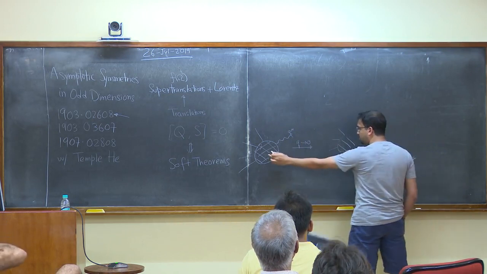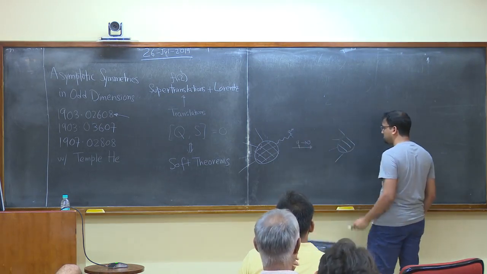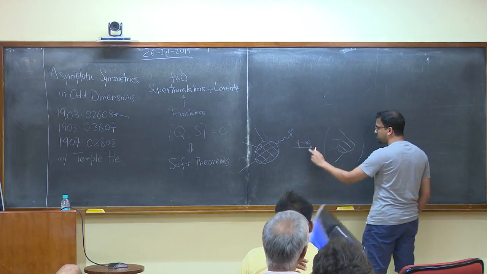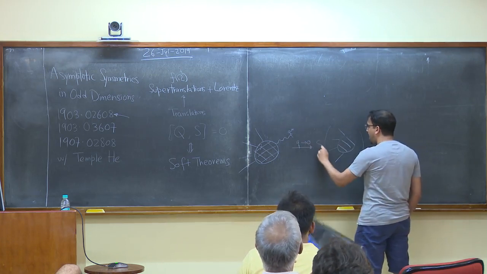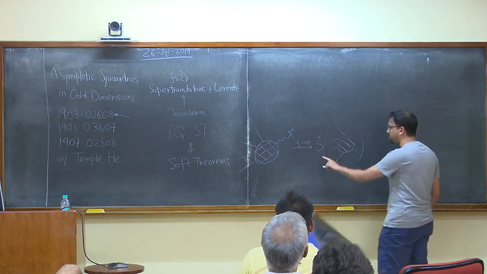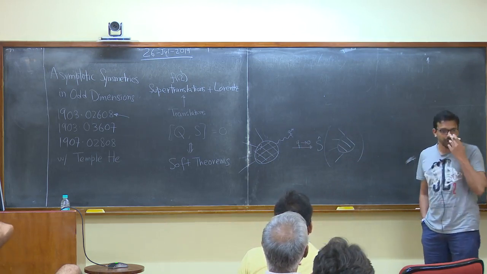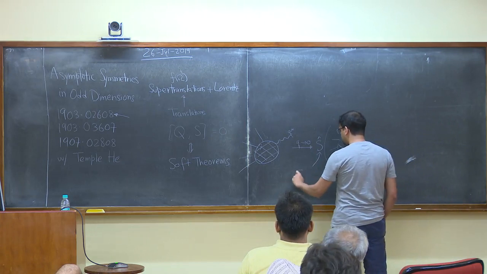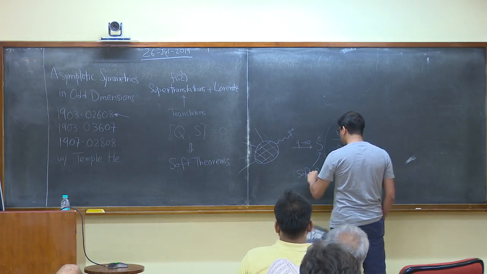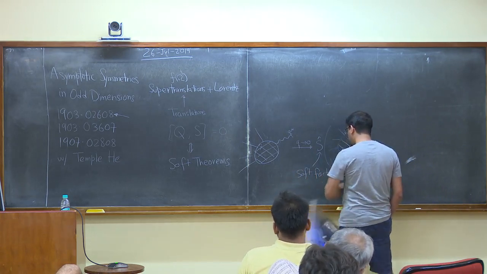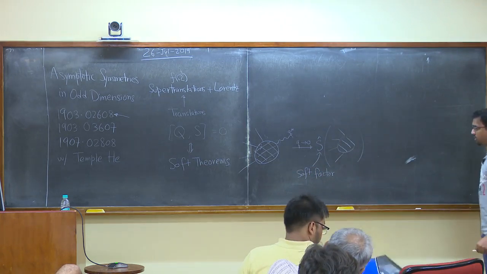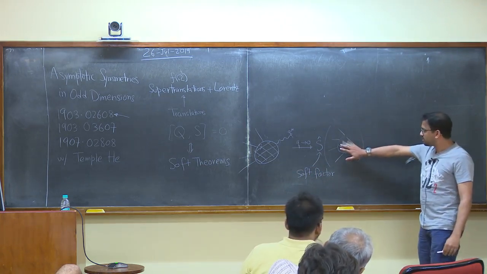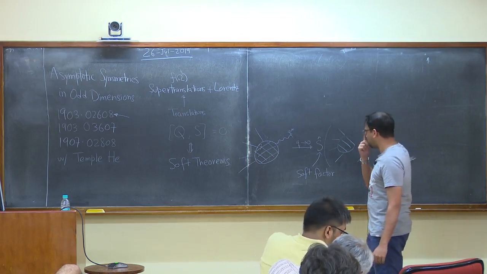So this is the same original amplitude, without the soft particle. Soft just means low energy. Acted upon with some operator, which might be a differential operator, or it might also be a number. And this is called the soft factor. Okay, so this is the form of sort of all soft theorems.